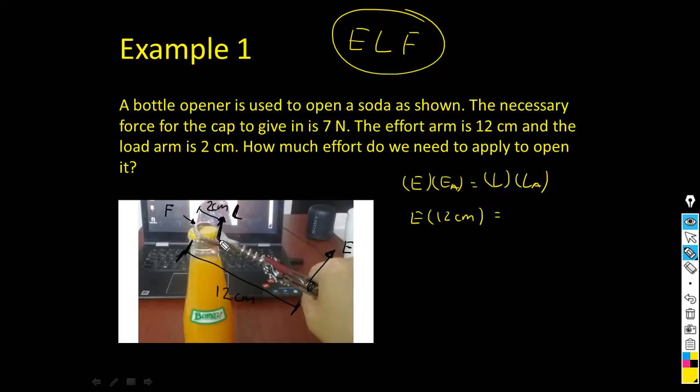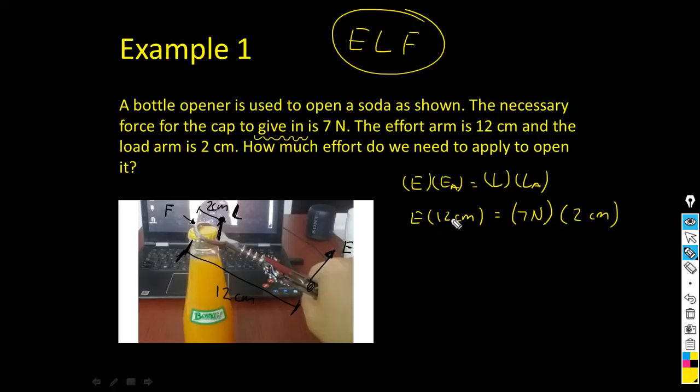That's the load we have to apply in order to open the bottle. And that's right here, 7 newtons. This verb, I don't know if you know it, giving in means vencerse. En español esto se diría, la fuerza necesaria para que la corcholata se venza es 7 newtons. Okay, now the load arm. The load arm, as we said, is 2 centimeters. And that's it.